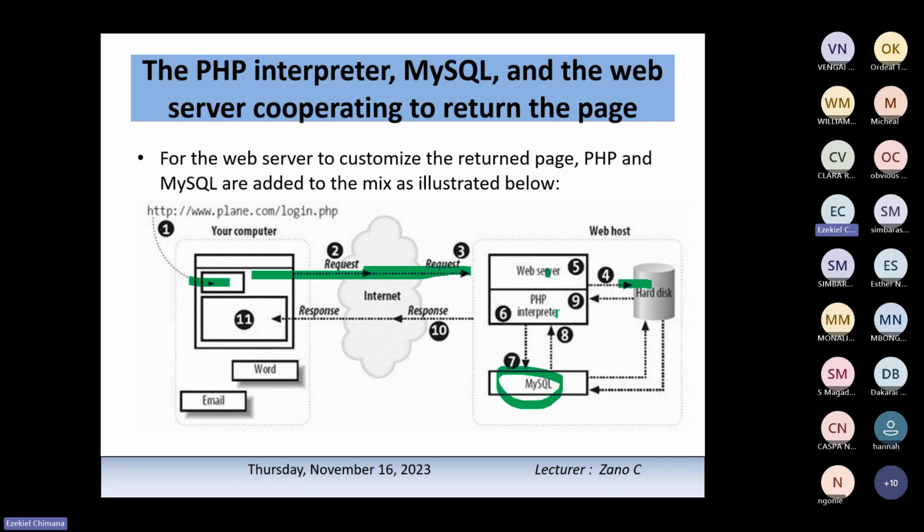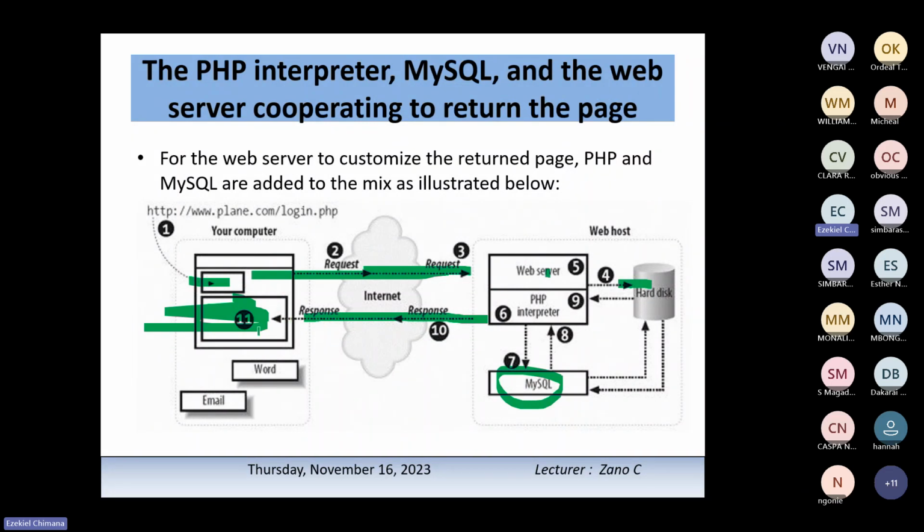After doing the interpretation, it will give the what? The feedback to my computer. And it will render that. Maybe it will just log you in, or it will say that you have provided wrong details, maybe for the password or whatever. So it's not the same information that we're going to get.